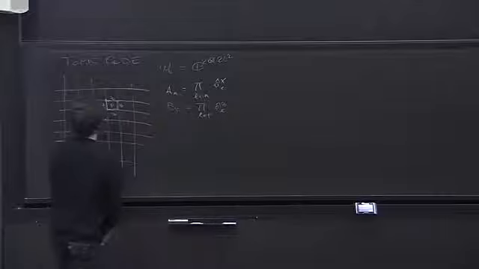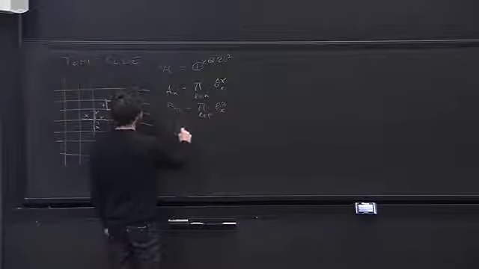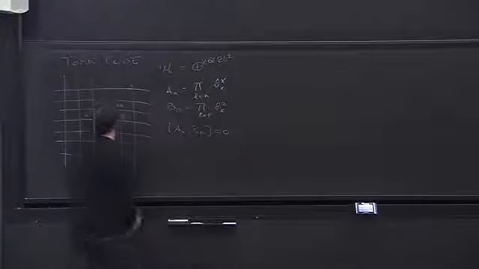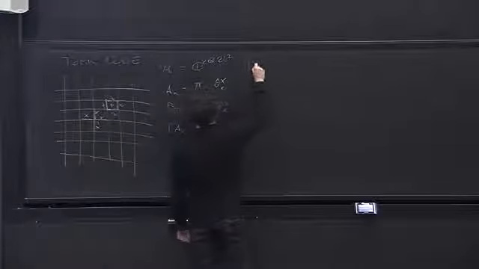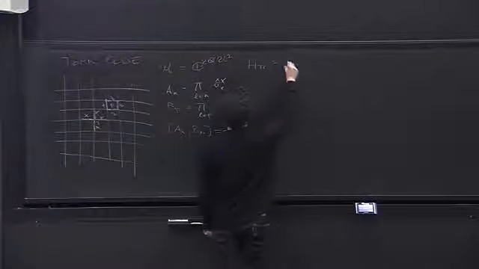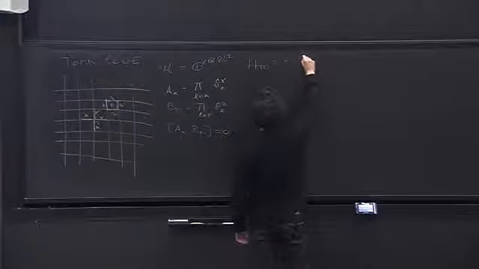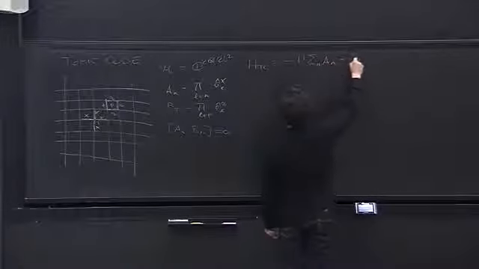Okay. And we have seen that these operators commute. And our Hamiltonian of the toric code is defined by minus this stuff.